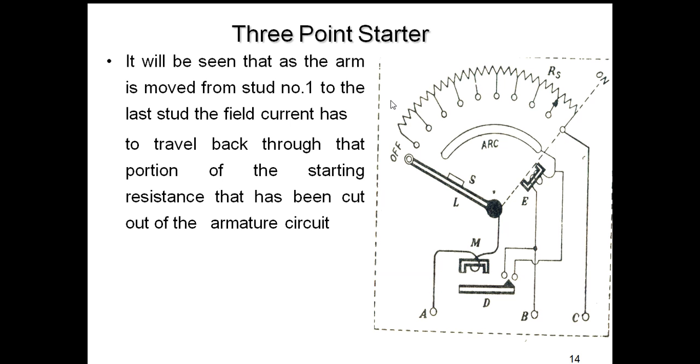It can be seen that as the arm is moved from stud number 1 to the last stud, the field current has to travel back through that portion of the starting resistance that has been cut out of the armature circuit.